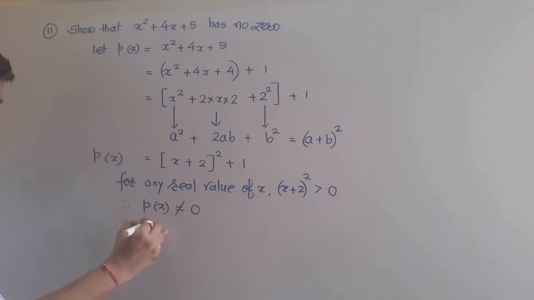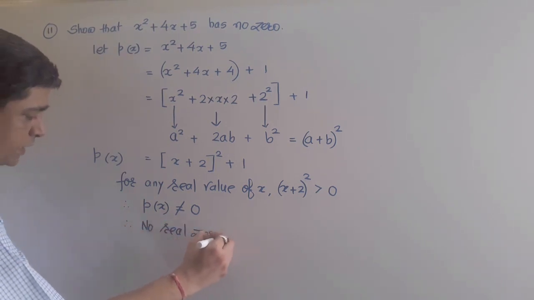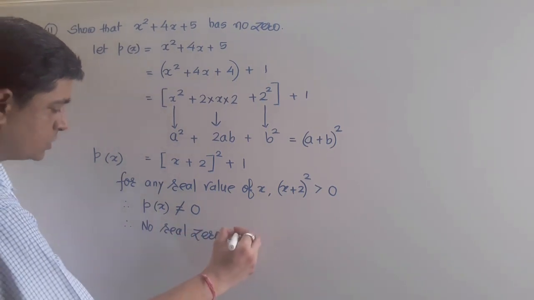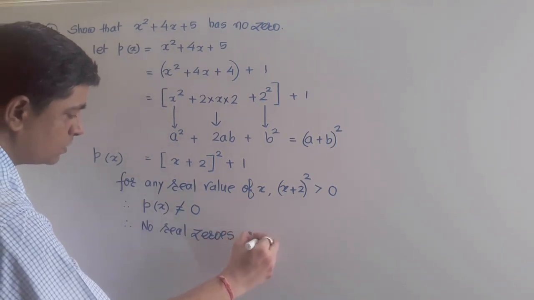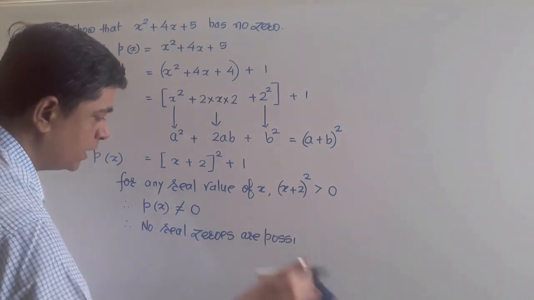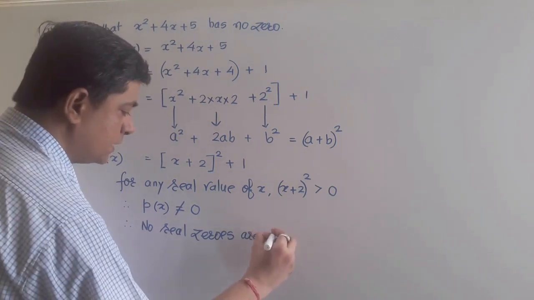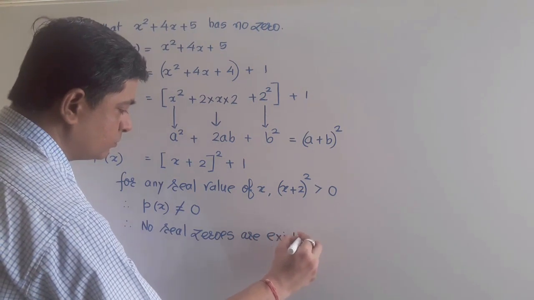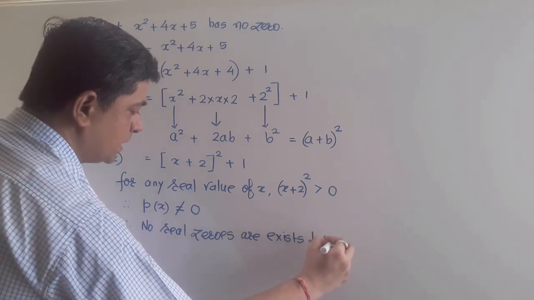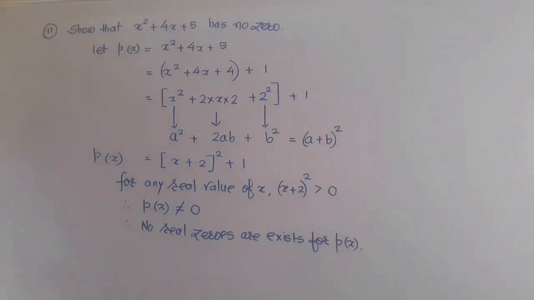Therefore no real zeros are possible, or in place of the word possible, if you want to write a proper mathematical word, then write no real zeros exist for the given p of x. So this completes question number 11, as well as we completed the whole type also.